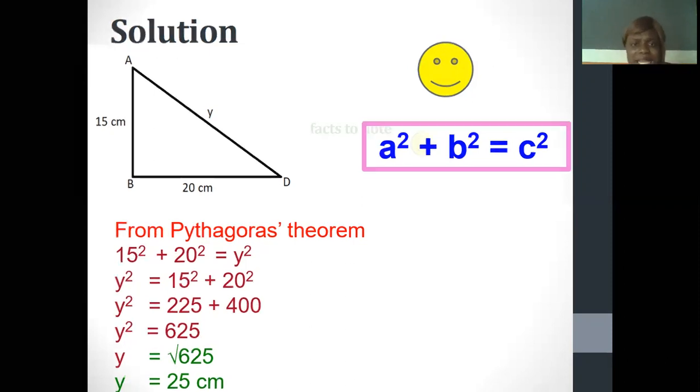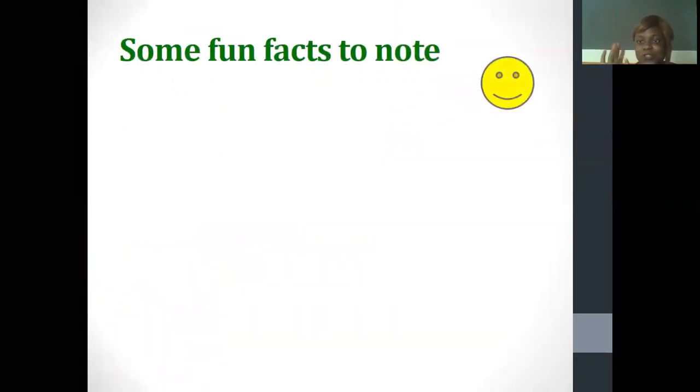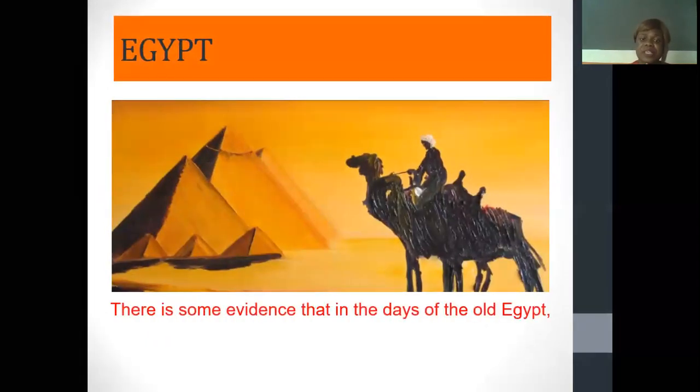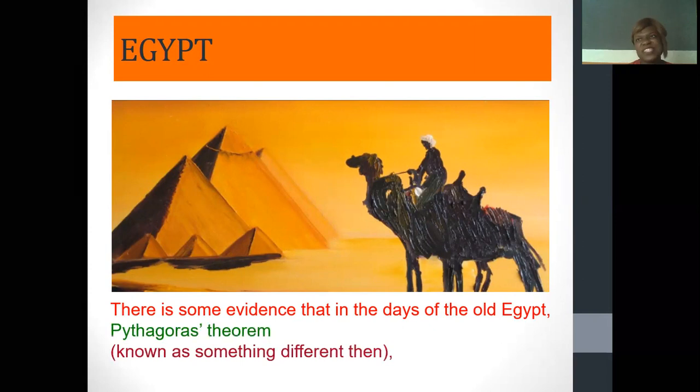Okay, so let's move on and let me just tell you some fun facts to note. Did you actually know that in Egypt, there is some evidence that in the olden days, this theorem, which wasn't called the Pythagorean theorem then anyway, was used in building pyramids.